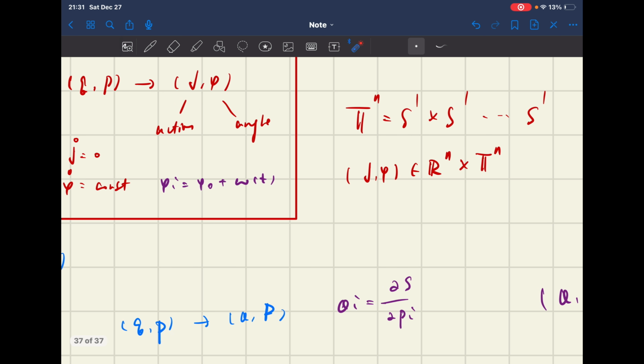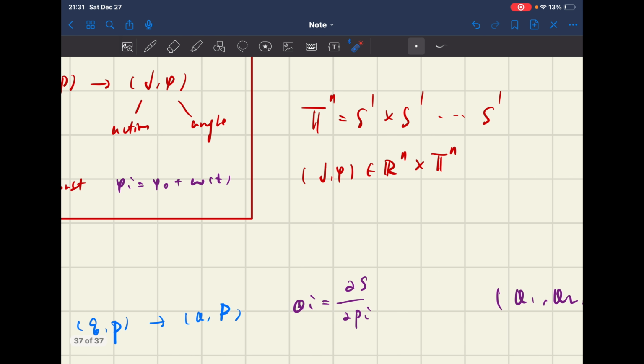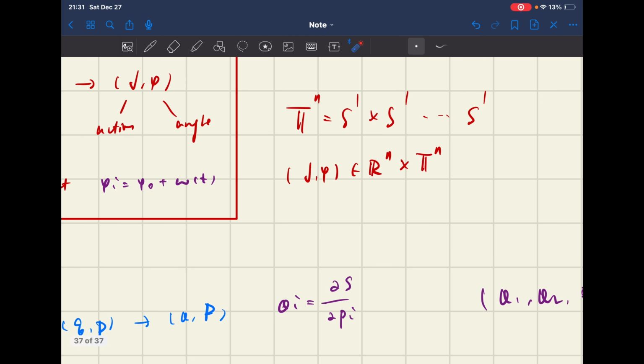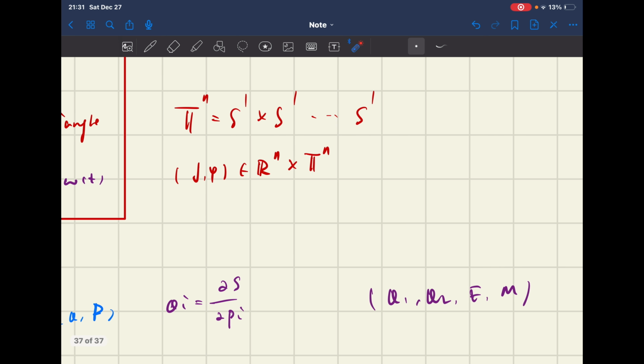Actually in differential geometry, you're working on a torus, an n-dimensional torus, depending on how many coordinates you have.